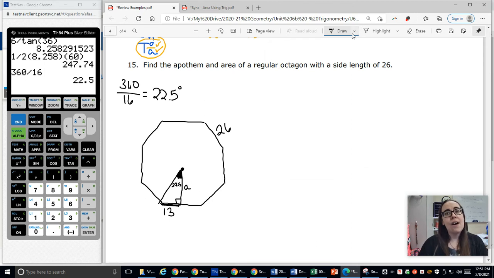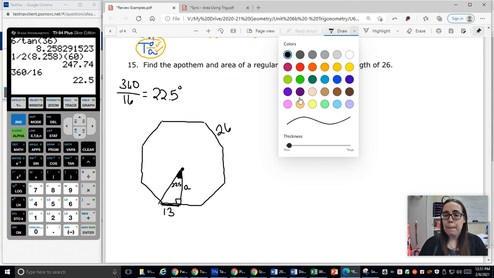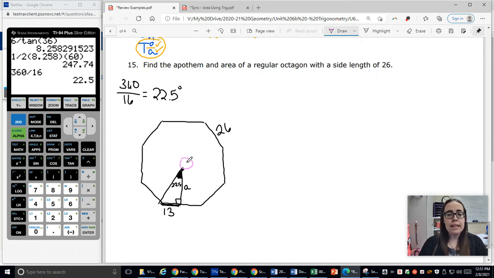Okay, so now I'm ready to apply some trig. Let's see, I'll go with pink this time. I'm at this 22.5 degree angle, which means coming out of that is my hypotenuse, my adjacent, which again is still convenient that adjacent and apothem both start with A, and then my opposite side over here.